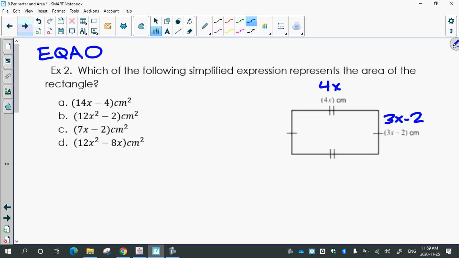Which of the following simplified expressions represents the area of that rectangle? Ask yourself, do I have enough information without looking at the answers to get the answer myself? If that's true, then just try it as if the answers aren't there, and then look at the answers.